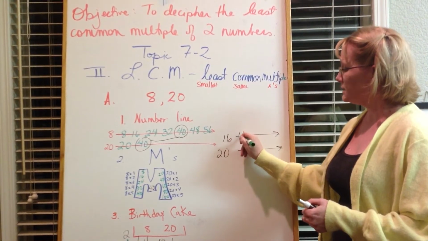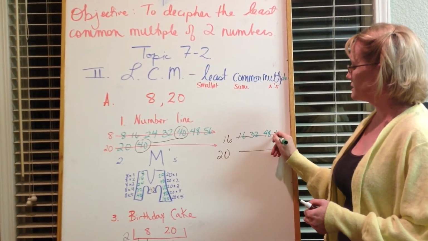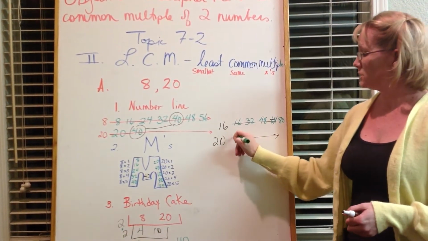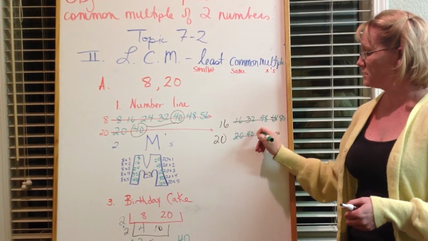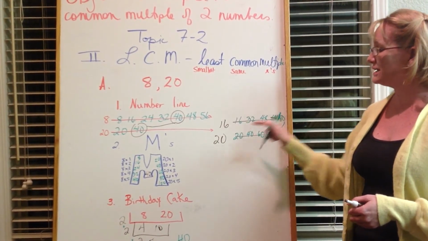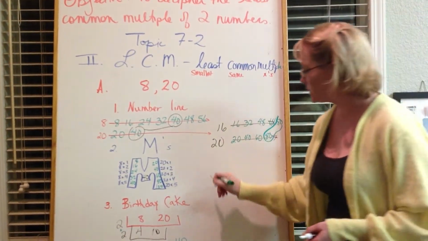But it's 16, 32, 48, 64, 80, and our multiples of 20: 20, 40, 60, 80. So their least common multiple is 80, but unless I knew my multiples of 16, this would be hard.